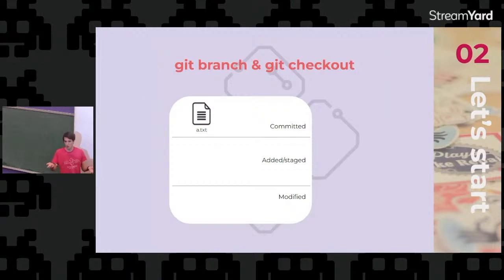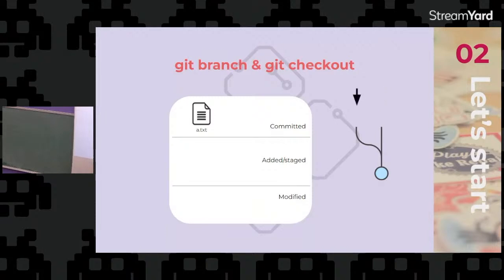So let's now continue our magnificent project. And we will run git branch to create a new branch. Okay, so we have here our first commit, and then we ran git branch, and we made a new branch at this commit. But the project is not pointing to the new branch, it's still on the older one.